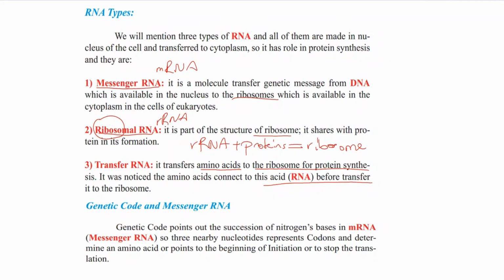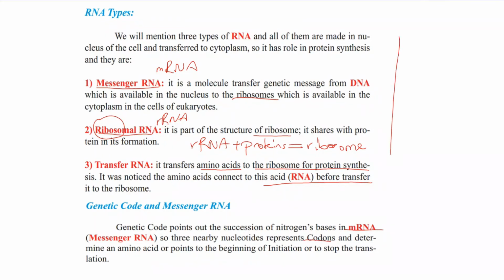Genetic code and the messenger RNA. The genetic code points out the succession of nitrogenous bases in messenger RNA because it is directly copied from DNA. DNA can copy itself, but RNA cannot copy itself, so it is transcribed by what? By DNA. Three nearby nucleotides represent a codon.